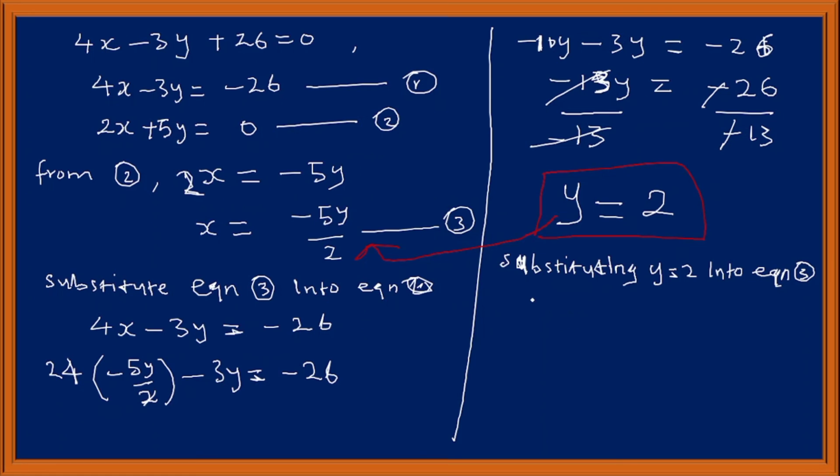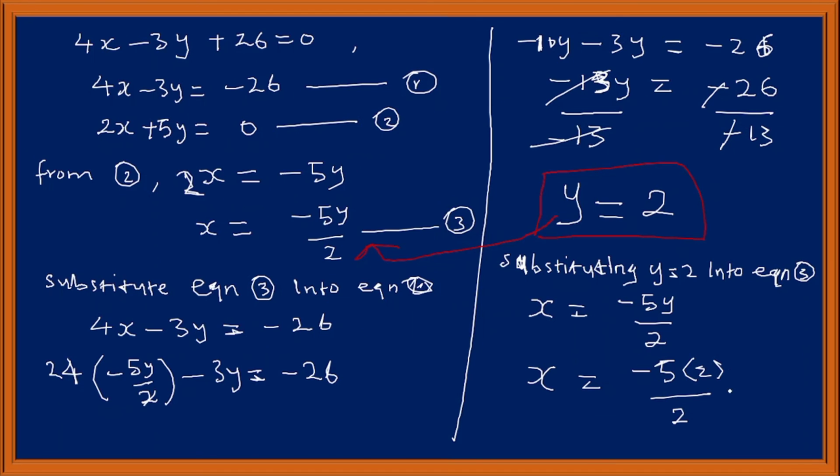So if I do that, we have that x is equal to negative 5y divided by 2. So wherever I have y, I put in this 2. So we have x is equal to negative 5 multiplied by 2 divided by 2. So this is now simple.